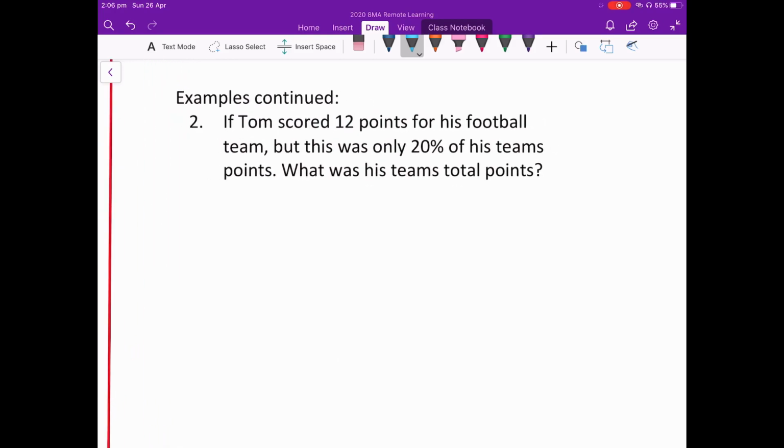Let's have a look at this next example. If Tom scored 12 points for his football team, but this was only 20% of his team's points, what was his team's total points? So this is a worded question. We need to find out what is actually given. So here we have 12 points is 20%.